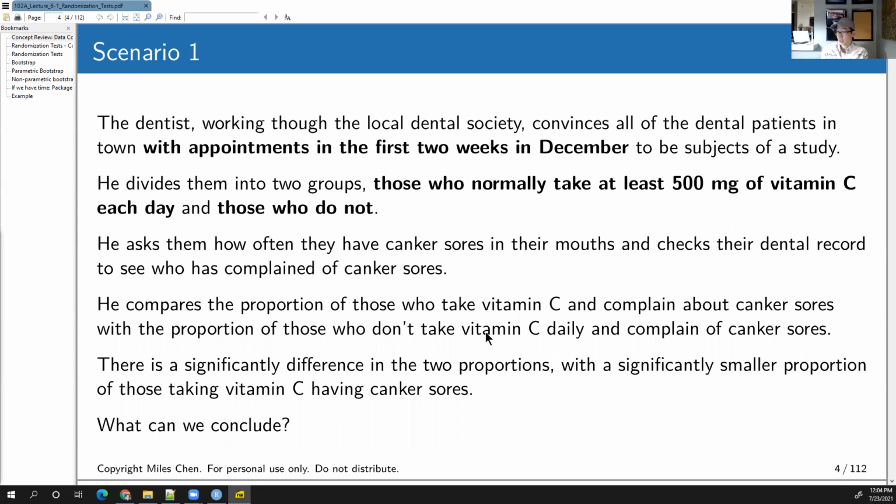He divides them into 2 groups: those who normally take at least 500 milligrams of vitamin C each day, and those who do not. Then he asks them how many canker sores they have in their mouth, checks dental records, and compares those who take the vitamin C with those who don't.